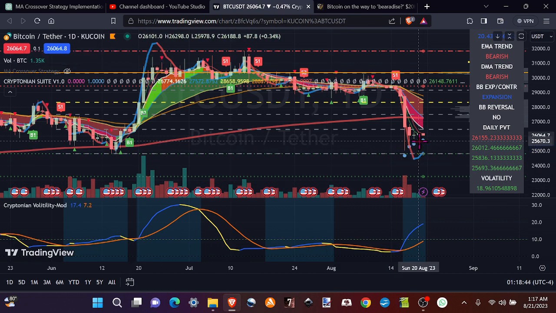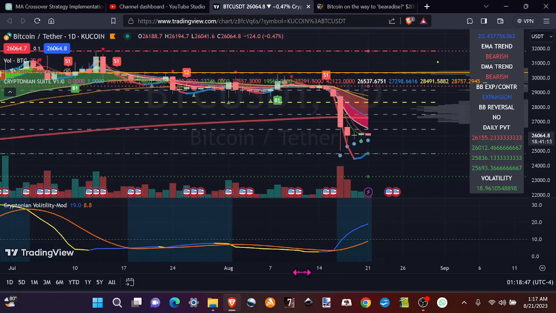Now, before we get excited about buying, we have to understand the structure. And right now, the structure is getting weaker, and it's biased to the downside.